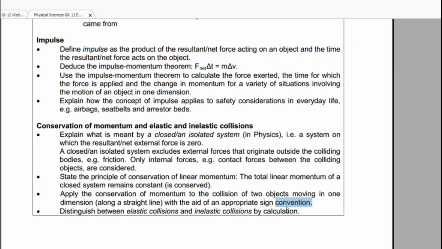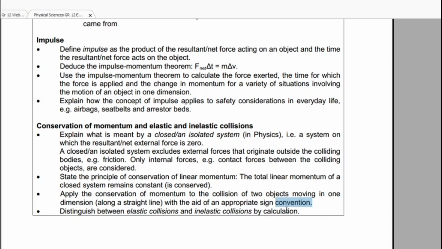So if I have a kinetic energy before collision and a kinetic energy after collision, if that collision is elastic, then the two kinetic energies must be the same. Again, it will make sense once we start doing questions, right?